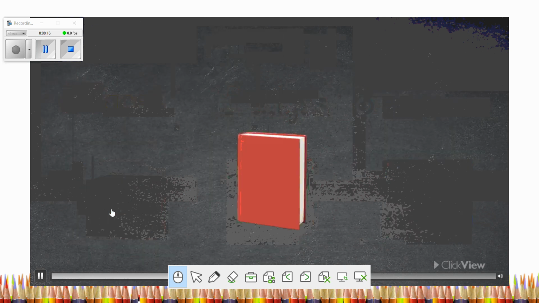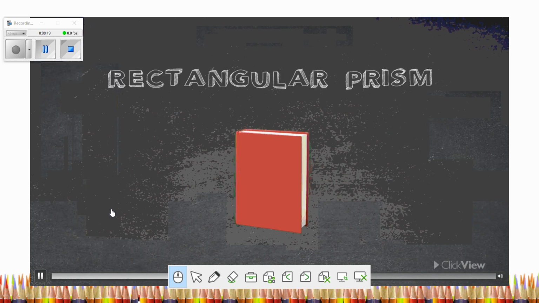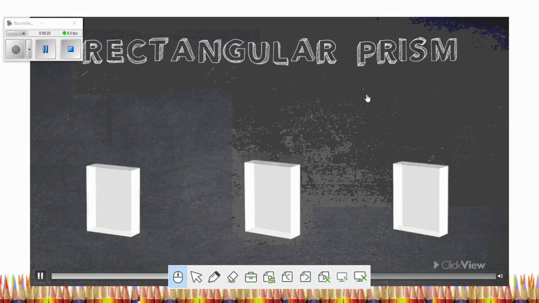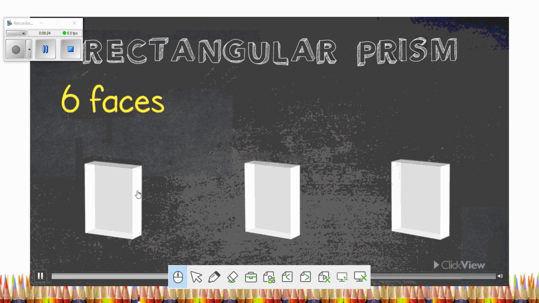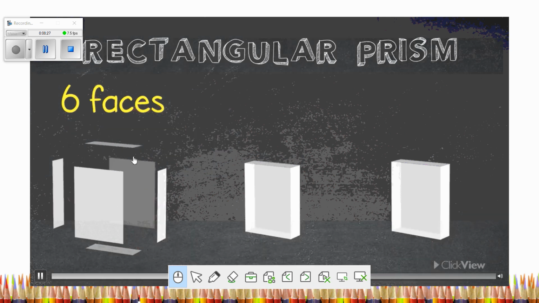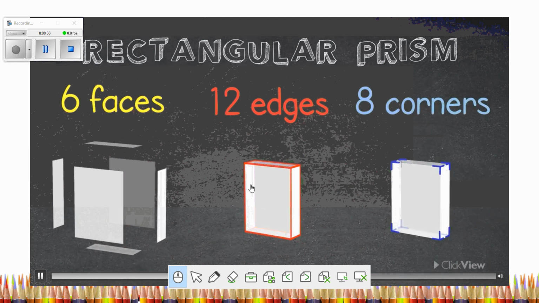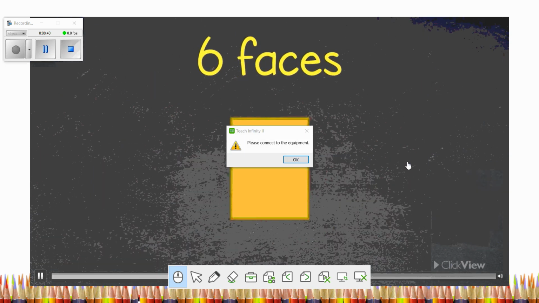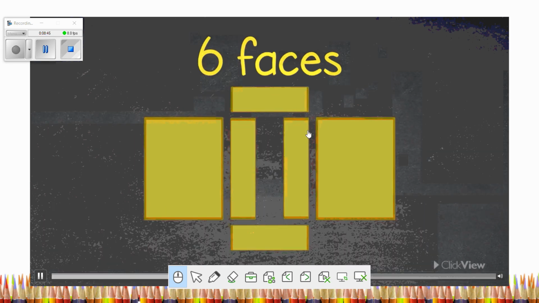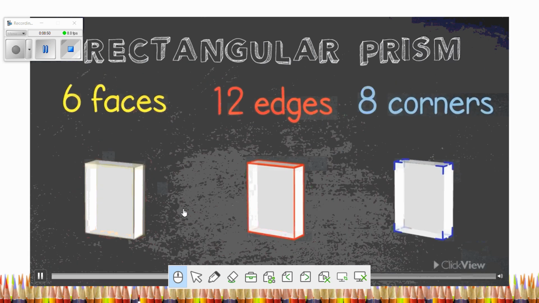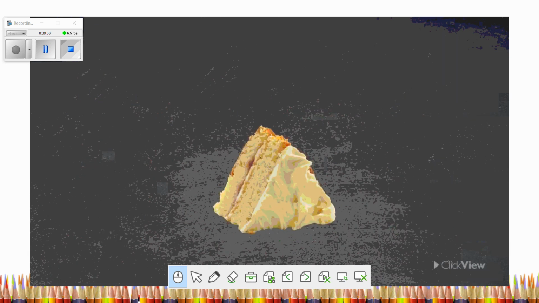The second 3D shape is the rectangular prism. The rectangular prism has 6 faces, 12 edges, and 8 corners. The faces in the rectangular prism are rectangles.